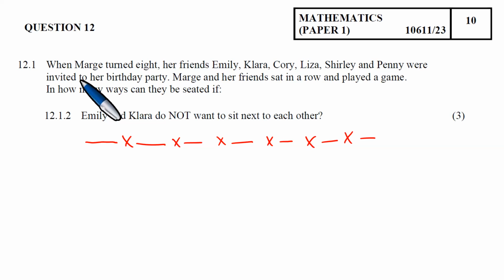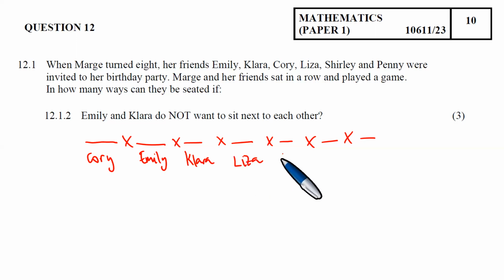Just about one question left, and then you can breathe. But now here, we want to organize them in alphabetical order. I'm going to put them at the bottom. We start with Corey, then we have Emily, then we have Clara, then Lisa, then that is KLM with Marge.